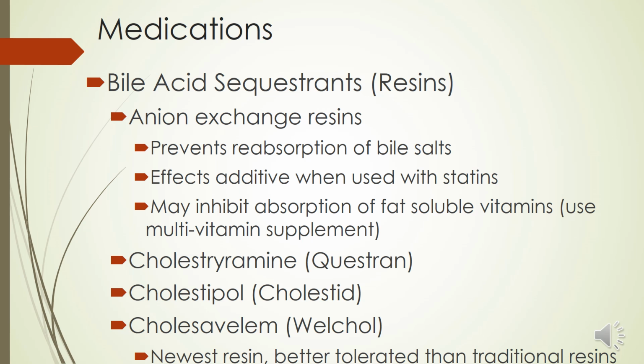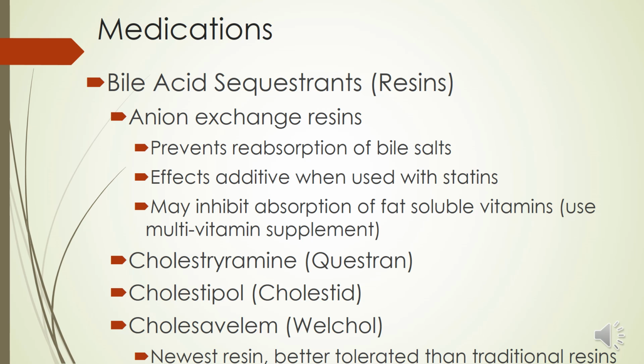Other drugs used, as mentioned earlier, in combination with the statins are the bile acid sequestrants, or bile sequestering agents, and their examples are cholestyramine and cholestipol, which sequester bile acids in the gastrointestinal tract and block their recycling. But these drugs also block absorption of fat-soluble vitamins.